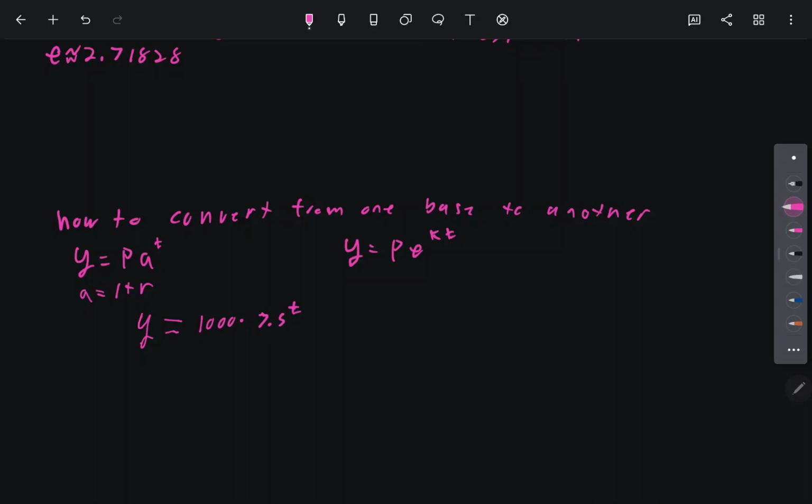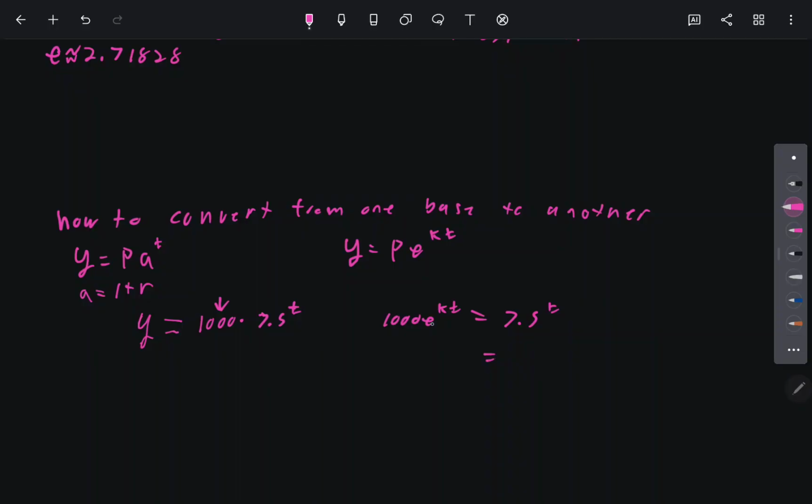Now, this value we might not want to work with for a variety of reasons. More directly, it's not as easy to work with as our letter e. So we're going to convert this. Now, the principle is going to stay the same. So we're going to set the equations equal to each other. So we're going to say that 1,000 e to the kt is going to be equal to 7.5 to the t.